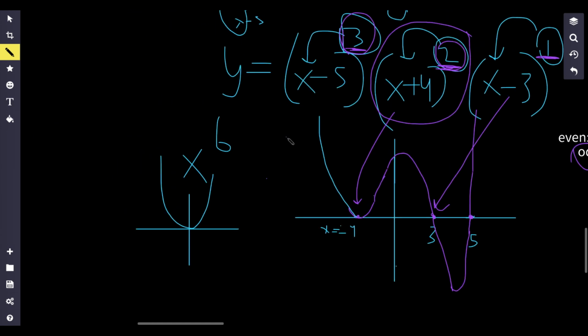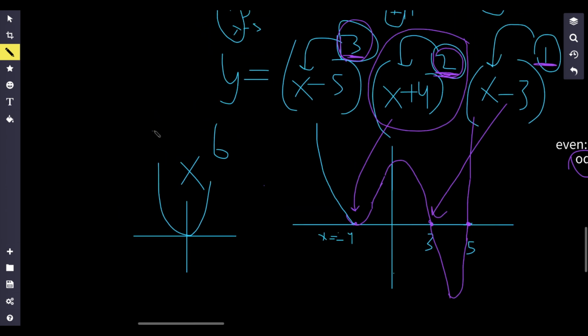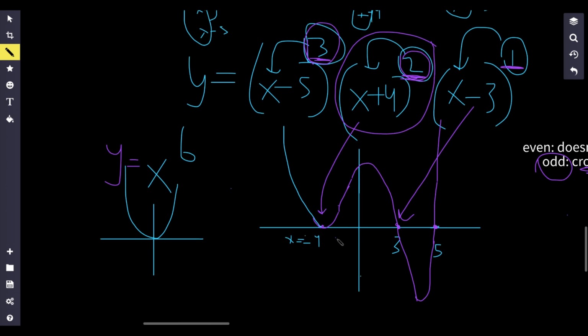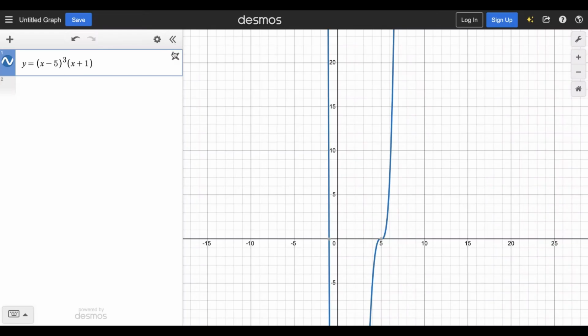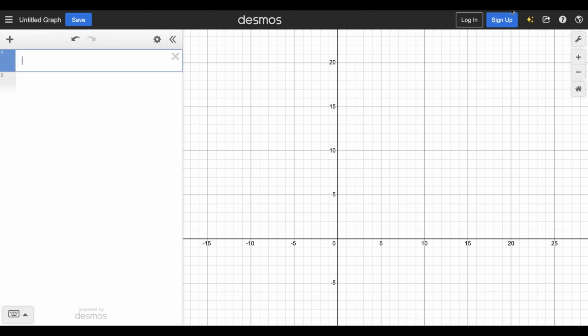And notice how it still has the same features as y is equal to x to the 6th power. You notice how as x approaches infinity, the y value also approaches infinity. And as x approaches negative infinity, the y value also approaches infinity. So keep that in mind as well. And let me sketch this.